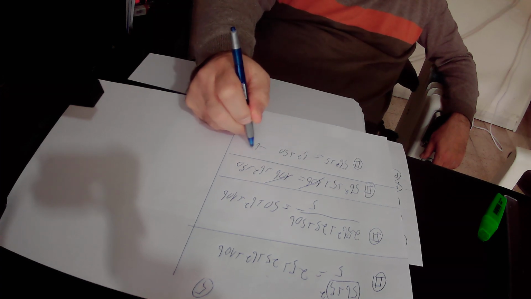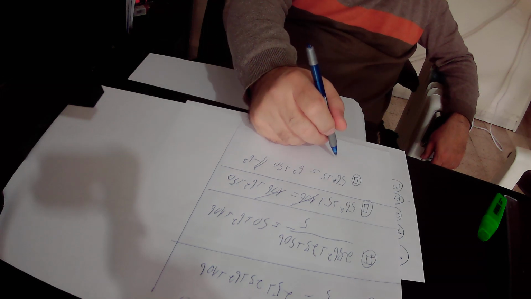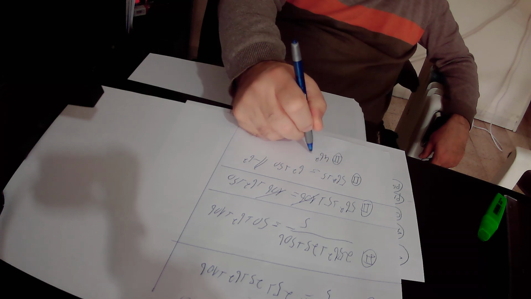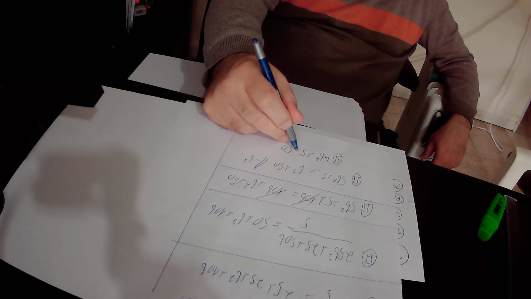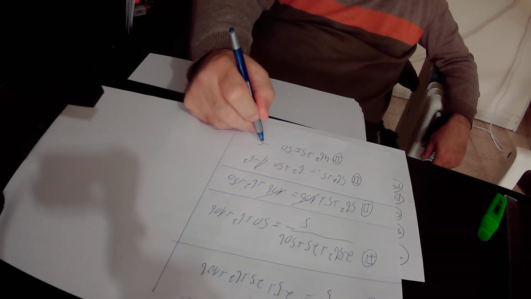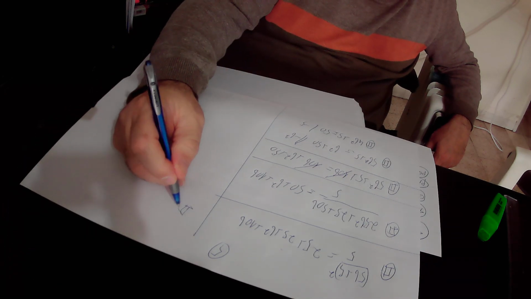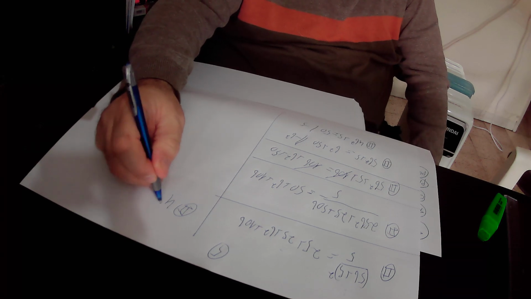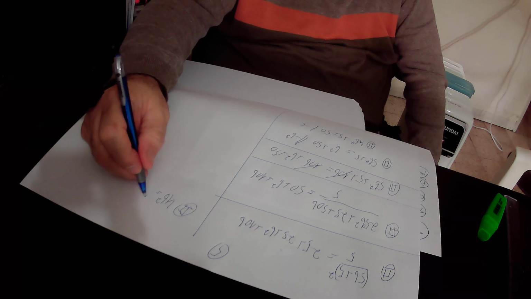Here we subtract b squared from equation number 2, and we get that 5b squared minus b squared is 4b squared, plus 5, equals 50. Here we subtract 5 from the equation, and finally we get 4b squared equals 50 minus 5, which is 45.